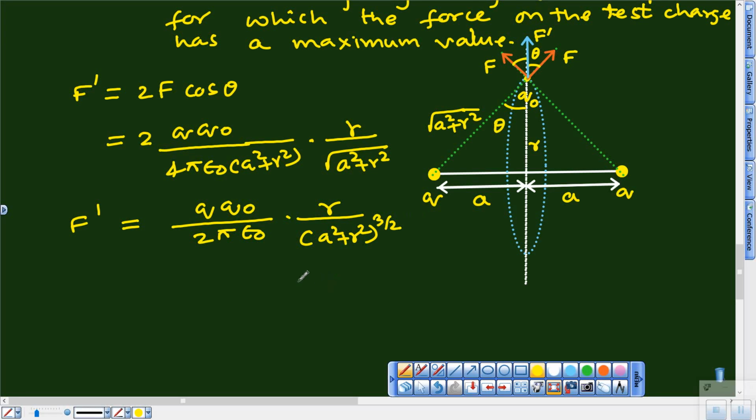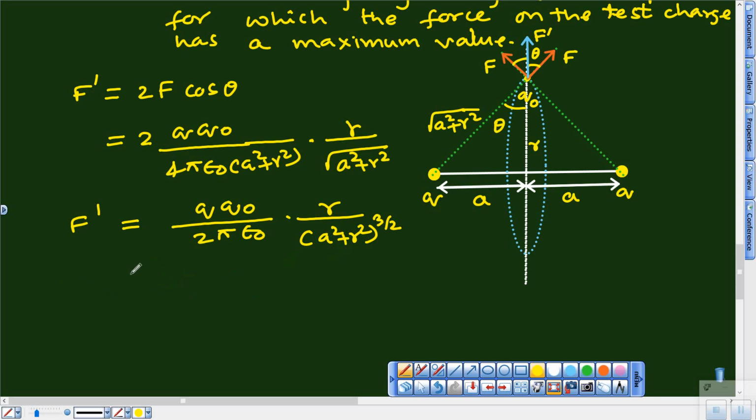Well, I need to find the maximum value of F. One way of doing it is rather mechanical, that is, you differentiate with respect to r and equate it to 0 to get the optimum value. Anybody will do that. I'll tell you something else. I can use the arithmetic mean and geometric mean inequality to find the maximum value of this. How?